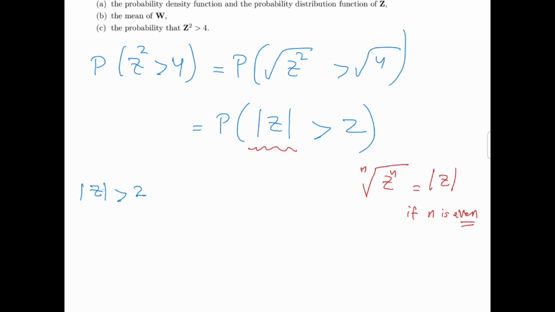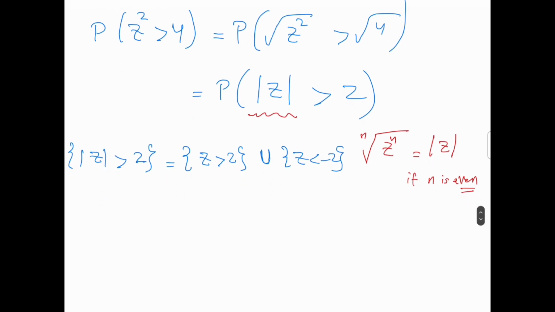this is an inequality. So this event can be written as the union of Z greater than 2 or Z less than -2. So any Z in these intervals will satisfy the above inequality.